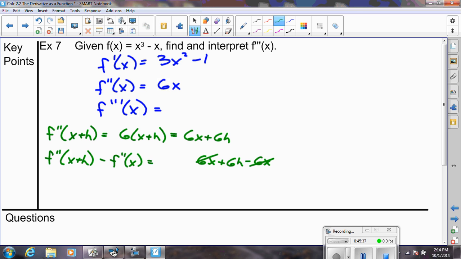Well, when we put that all over h, you'll notice these pieces were already gone, which allows us to cancel out the h's and get just a 6.